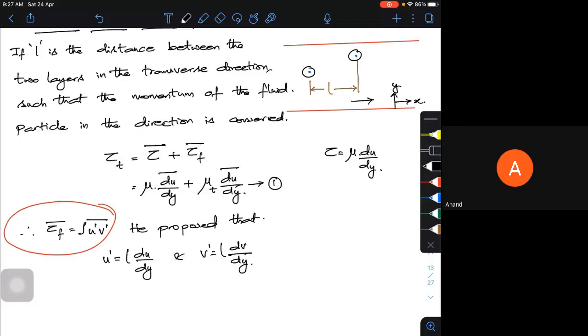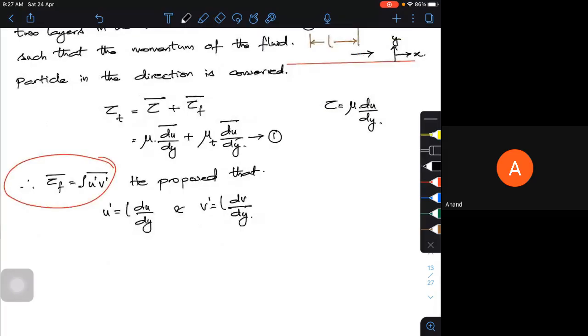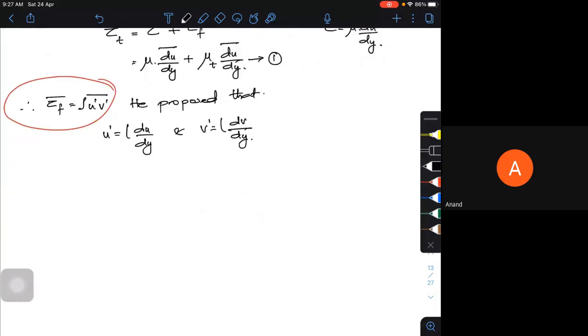So what will happen actually? From this, what is your tau f? He also proposed that your fluctuating component, with respect to rho into u dash and v dash, I can write as follows.